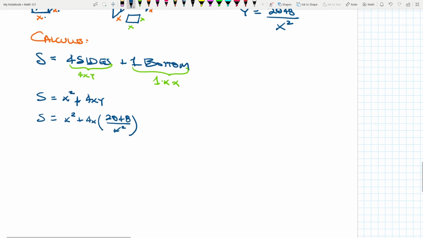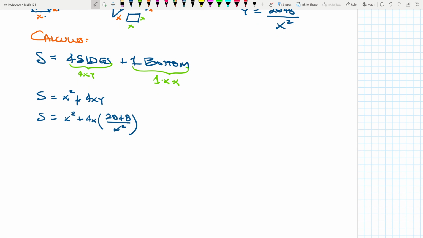So let's simplify that. 2048 times 4 is going to give us 8192, and x over x squared is x to the negative 1. We're going to leave it in this format so we can have it ready to differentiate, instead of having the x to the positive 1 in the denominator.